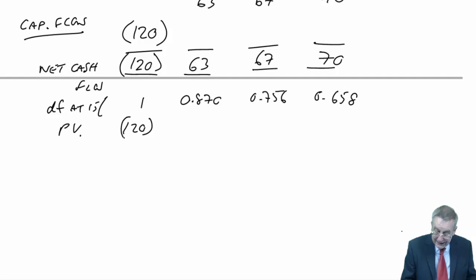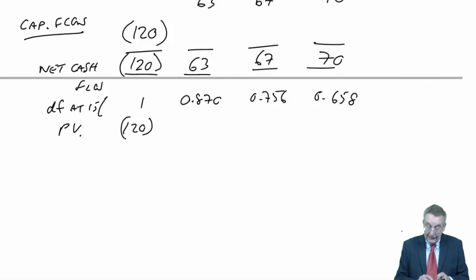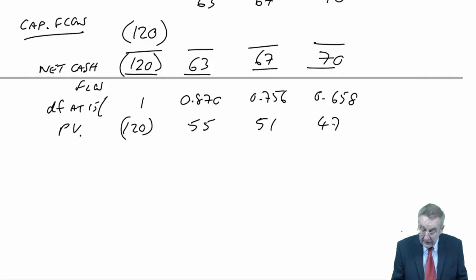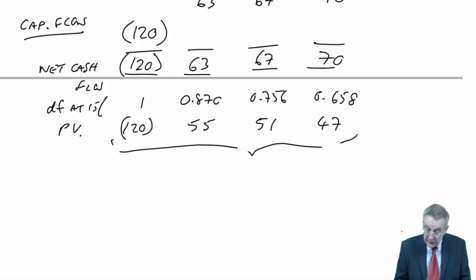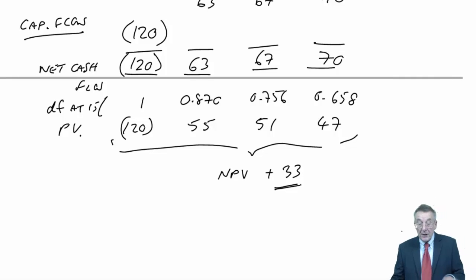Present values: 55, 51, 47, and a net present value of 33. We accept. I appreciate, again, it's in thousands, but I said all that.